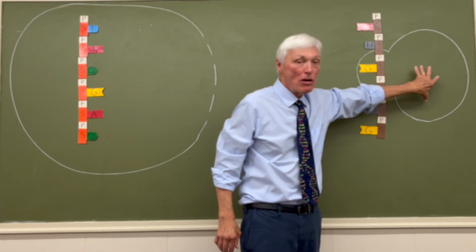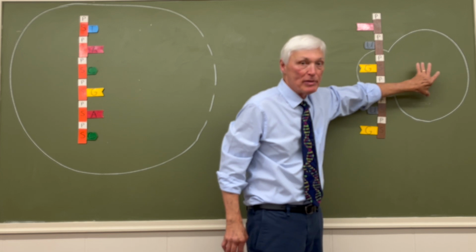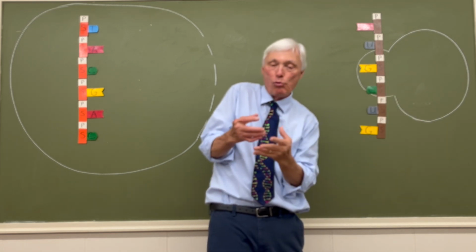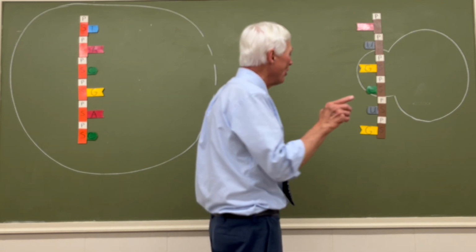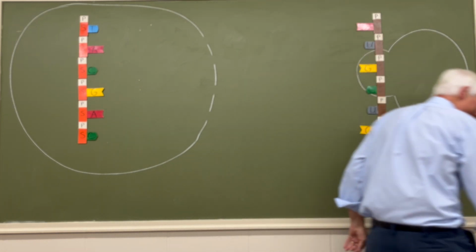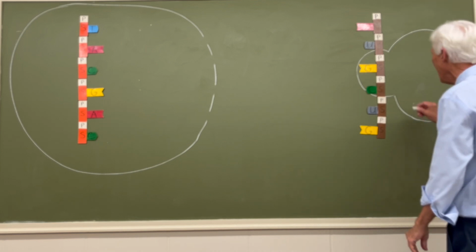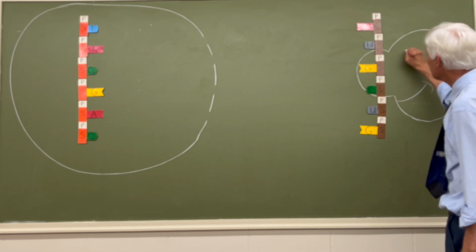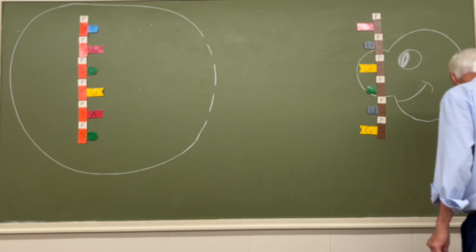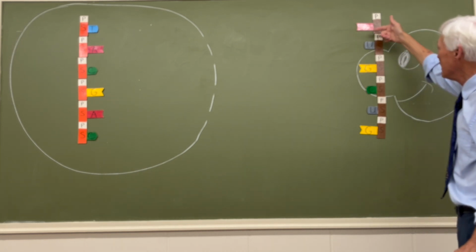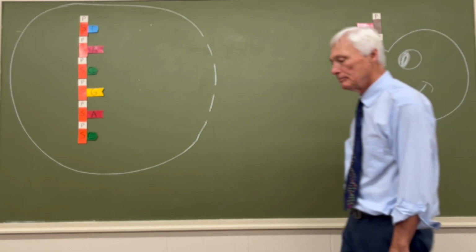We've got rRNA, which is what the ribosome is made of. The ribosome is like this little wad of ribosomal RNA. And what's going to happen here is this ribosome is going to read the messenger RNA.